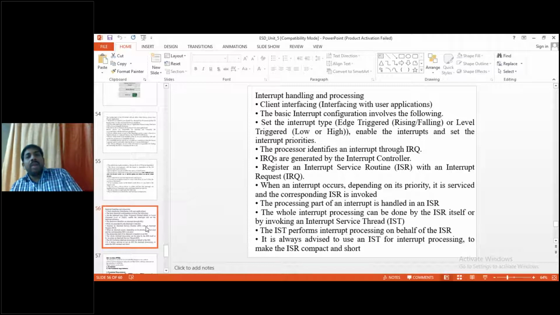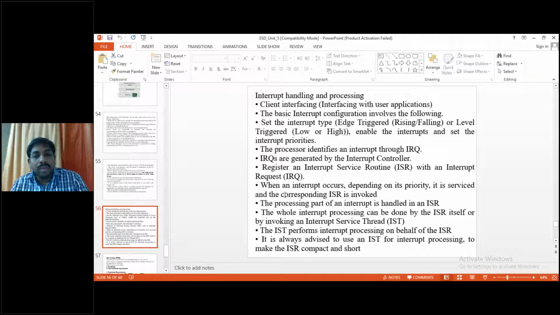So, interrupt handling and processing, client interfacing. The basic interrupt configuration involves the following: set the interrupt type, level triggered, enable the interrupts, and set the interrupt priorities. The processor identifies an interrupt through an IRQ. IRQs are generated by interrupt controllers. Register an ISR and IRQ.